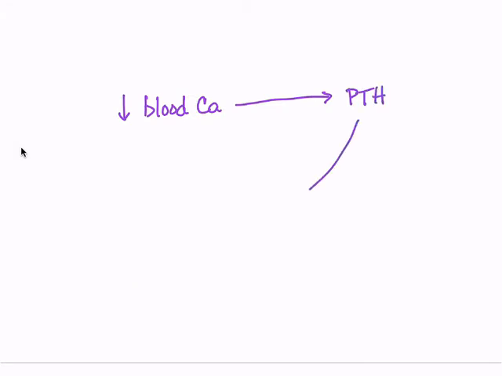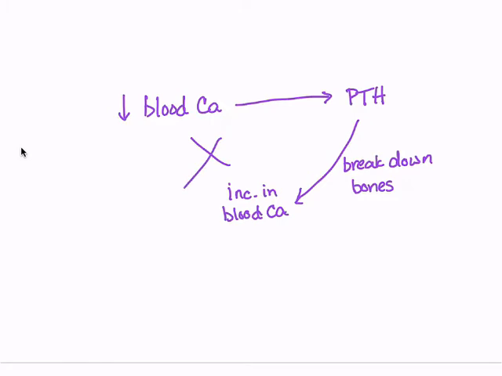And what it does is it stimulates cells to break calcium off of the bone. Okay, so we're going to break down the calcium from the bone. This causes an increase in blood calcium. And then once again, this mechanism is turned off and we don't have to produce it anymore.